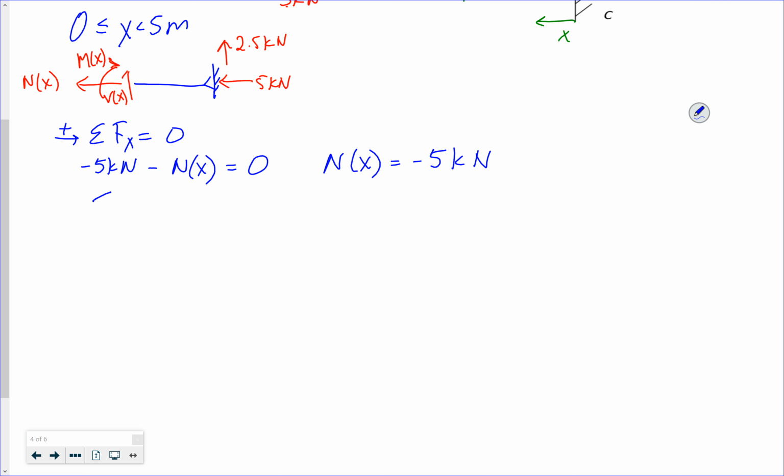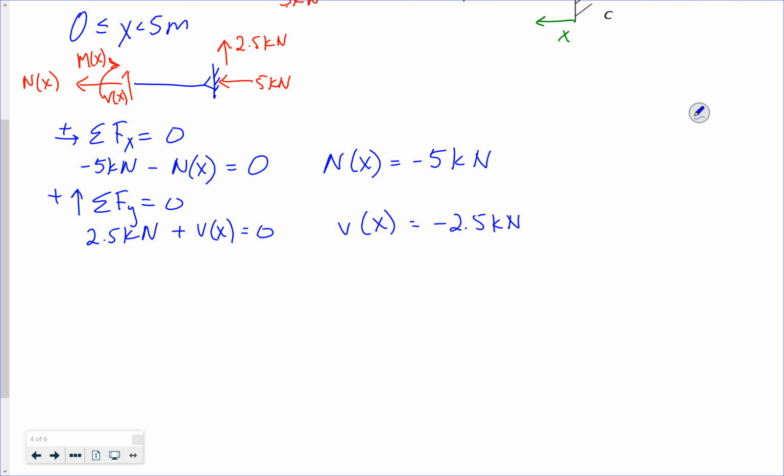Let's take the sum of the forces in the y direction. I've got 5 kilonewtons acting up and my shear acting up. So my shear is constant negative 2.5 kilonewtons.